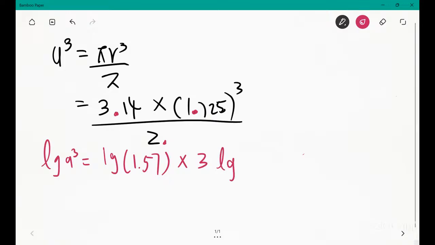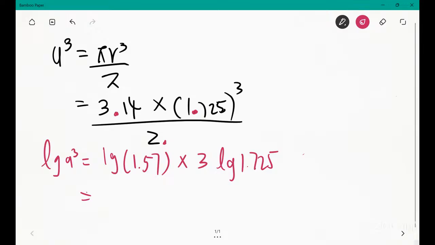So 3 log, here the answer is 1.725. Over, when you calculate 2, yeah. Okay, so the final answer, you can divide it later. So we'll move on like this.